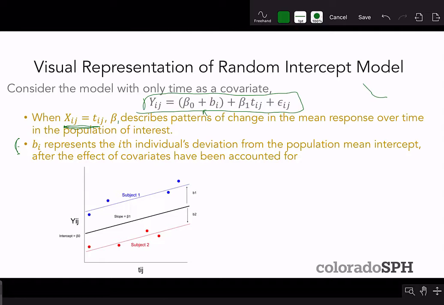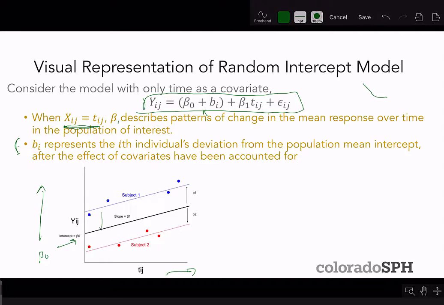So in this picture, we have the outcome on the y-axis and time on the x-axis. This black line here is beta 0, that's the population intercept. And for one subject, the dots are their actually observed data, and the line is their fit for the random intercept model.